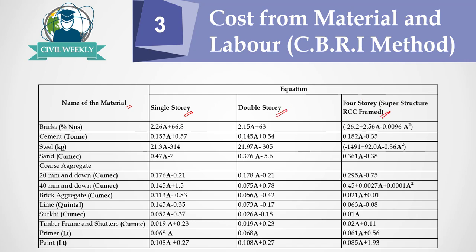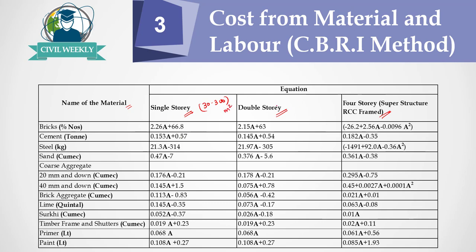The specifications were discussed in a previous slide, so you can go back and check them. If we have to build a single story structure with the same specification, and the area is between 30 to 300 square meters, then we can use these equations.